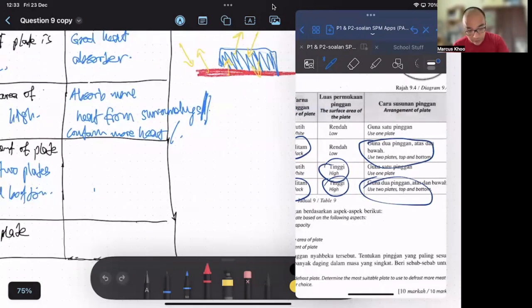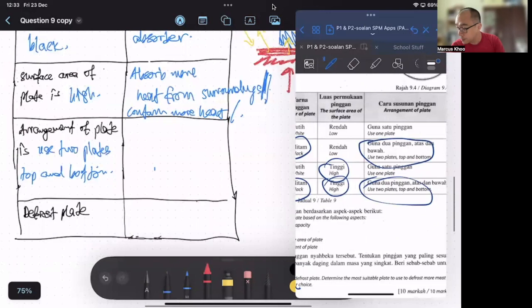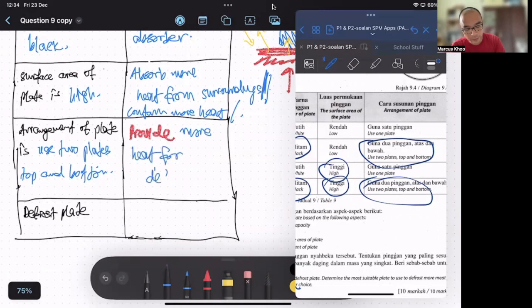If I add another layer of plate over here, then this plate will get heat from the air and from the next plate, so it's able to transfer the heat better lah. So use 2 plates, top and bottom, to provide more heat for defrosting.